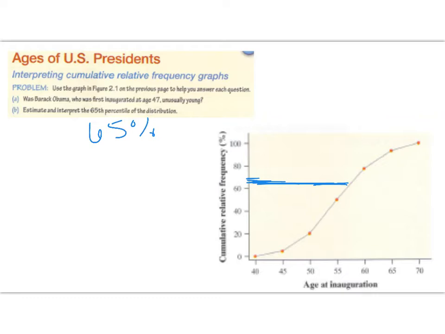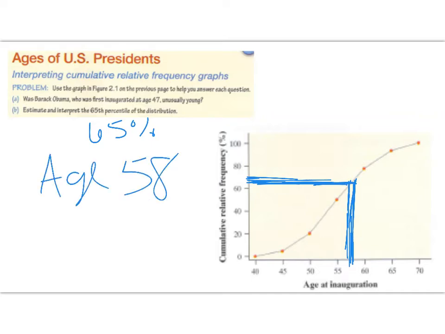So if I come down here, that 65% is about at age 50. It's supposed to be over a little bit more. Officially, it's about at age 58. Let's go with what the answer in the book says, especially if you're following along. So that corresponds there with age 58.